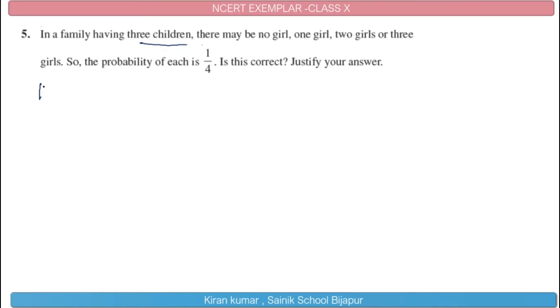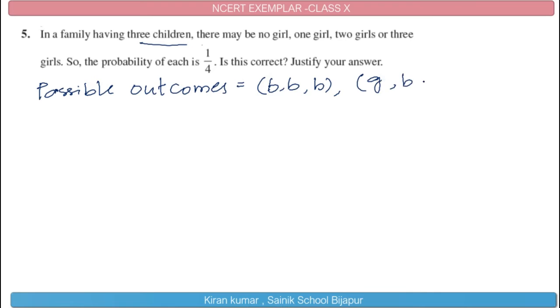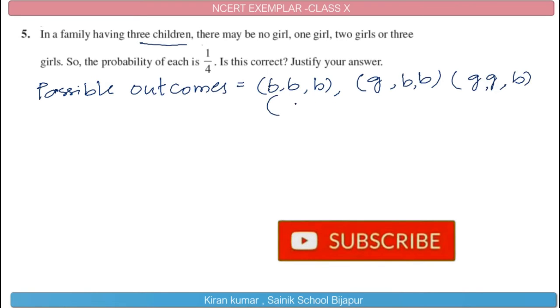So the possible outcomes will be like all the 3 can be boys where no girls are there, 1 girl, it can be of this type, 2 girls, or all the 3 girls.